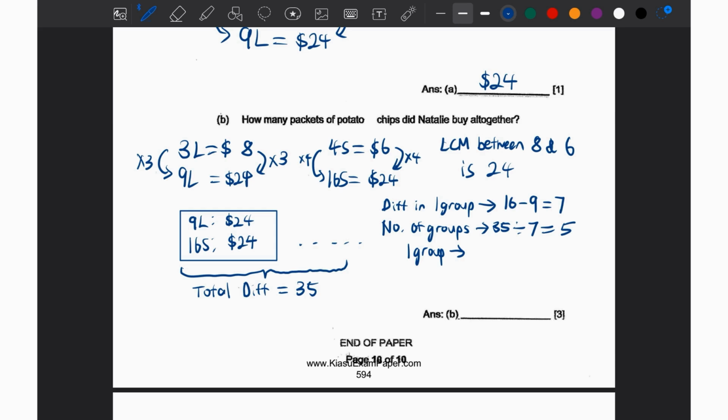So total in one group, we have 9 plus 16, which is 25 packets of potato chips. To find the total, we have 5 groups, so 5 times 25 gives me 125 packets. So the answer is 125 packets of potato chips in total.